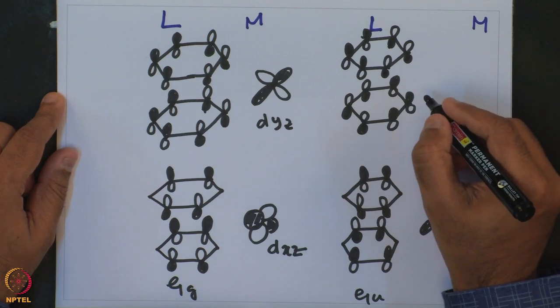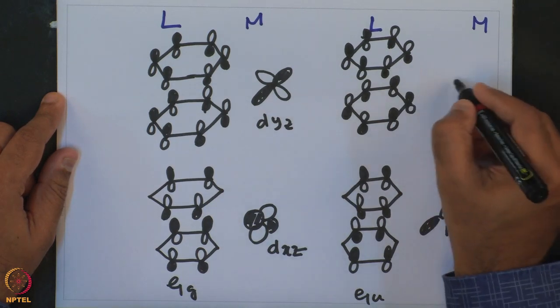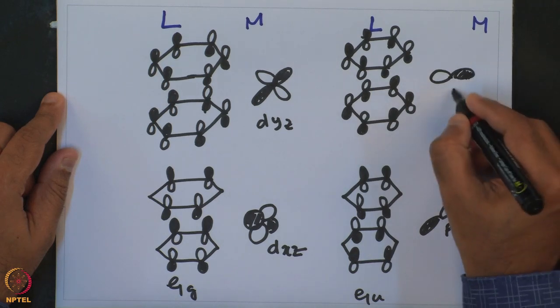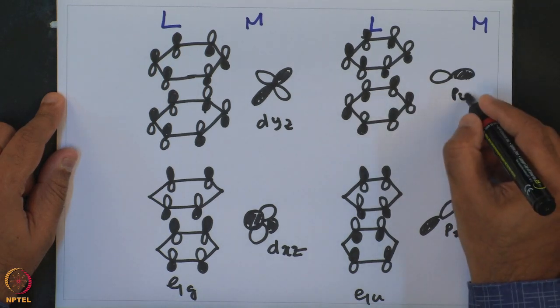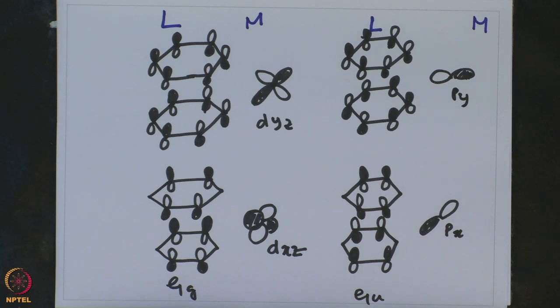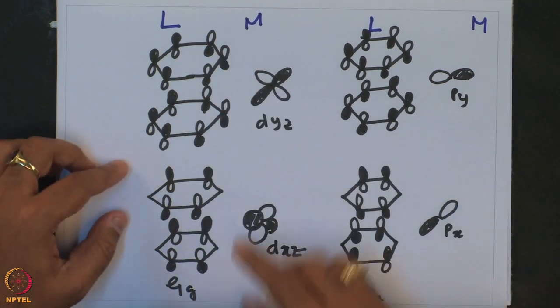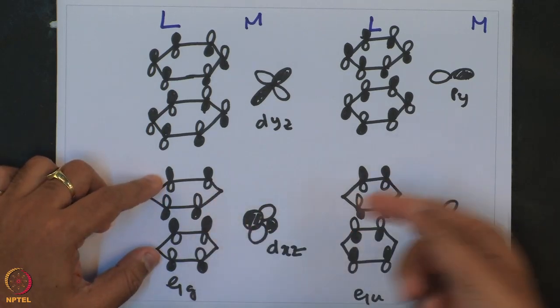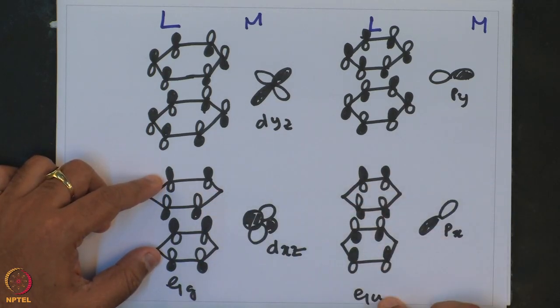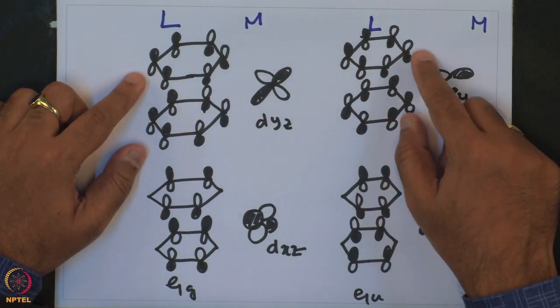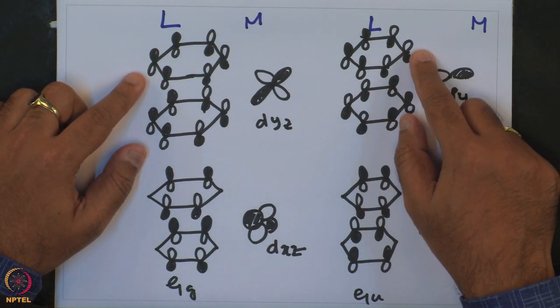And the corresponding metal orbital would be a p y. Now, these four sets of orbitals, this is of gerade symmetry and this is flipped over here, ungerade symmetry. This also is of gerade symmetry, that flipped over here is ungerade symmetry.